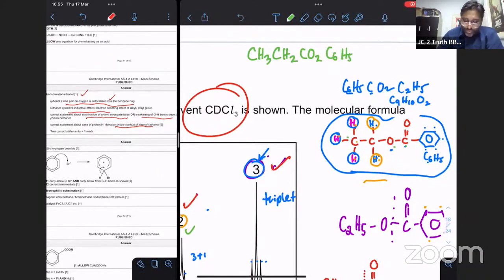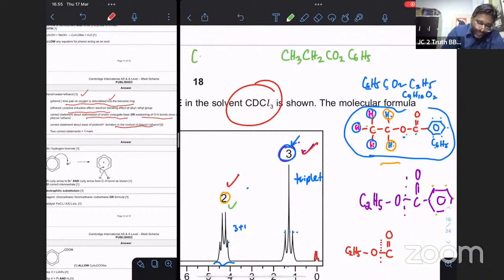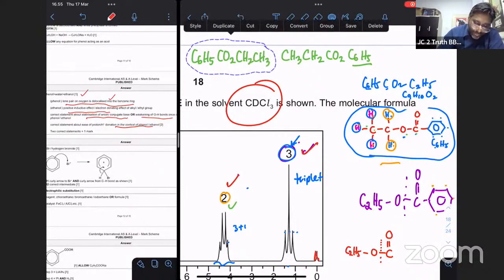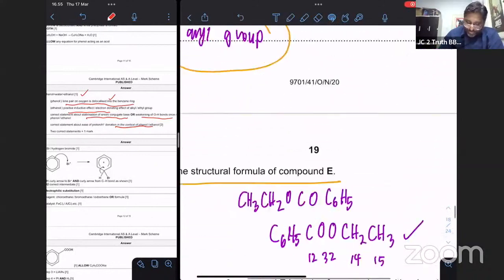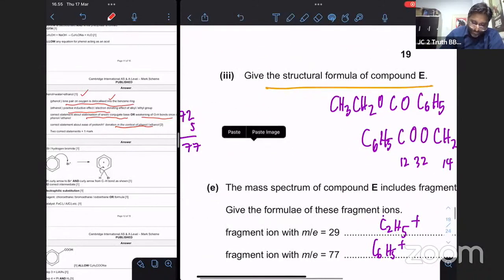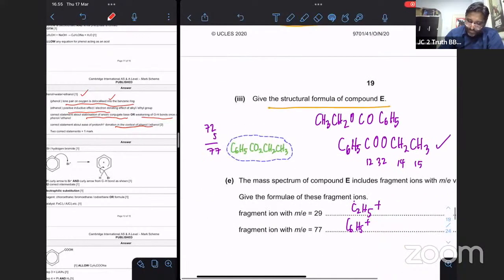I think it is better to write it the other way around. You start from C6H5, then CO2, and then CH2, CH3. This is going to be a better way to represent that. So I'll copy this and put it there. So this is the answer.